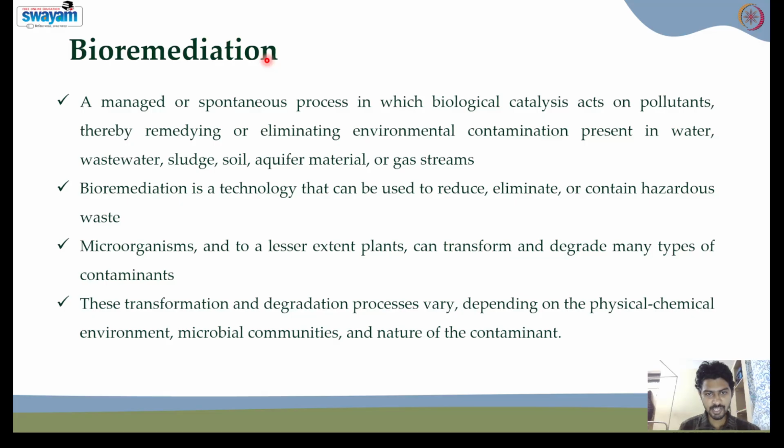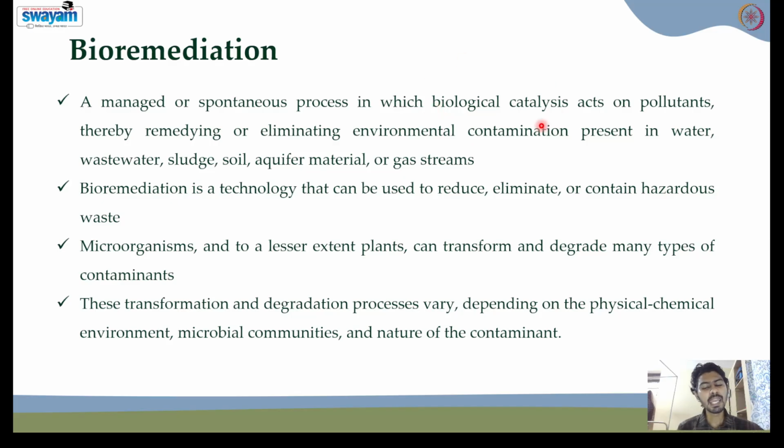So if we see the definition, it is a managed or a spontaneous process. Sometimes it can be human intervention or it can be a natural process by which a biological catalyst, it can be microbes, like bacteria, fungi, yeast, or any other. Sometimes plants and insects are also being used for remediating the environment.